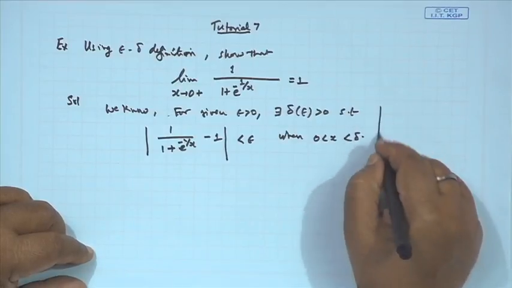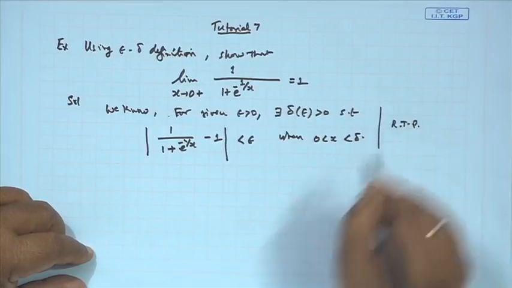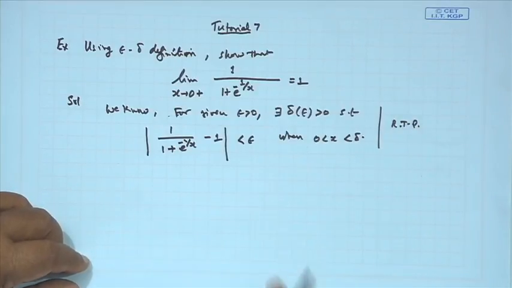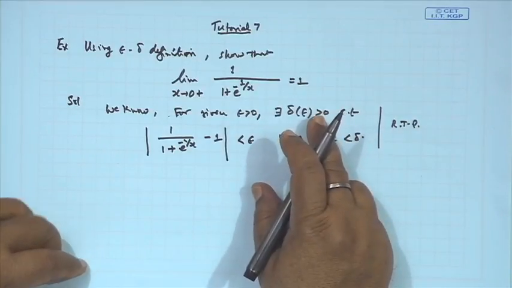So, this is what is required to prove. It means epsilon is given, and we have to identify the delta.